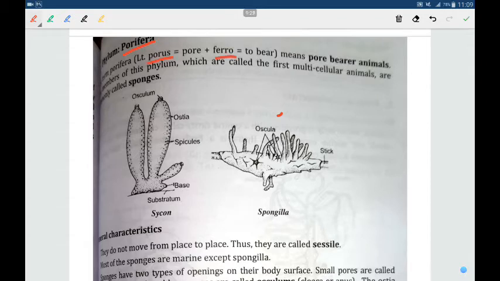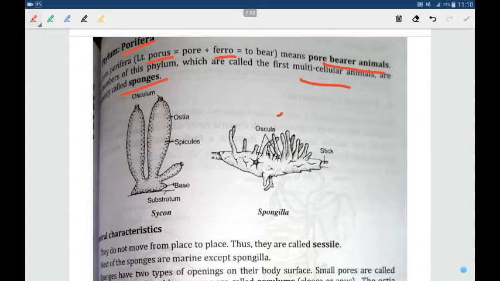Pores or holes, ferro means bearing. Those animals which contain pores or small holes, or pore-bearing animals. They are the simplest animals. They are multicellular animals. Okay, and they are also called sponges. Porifera are also called sponges.